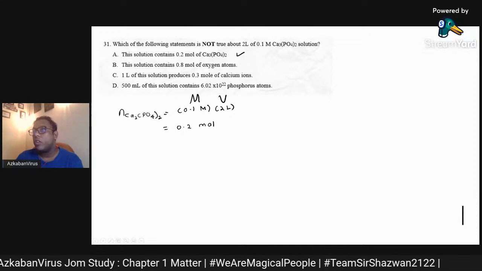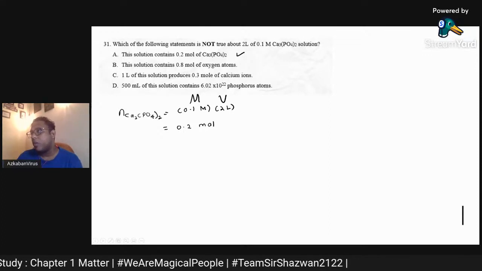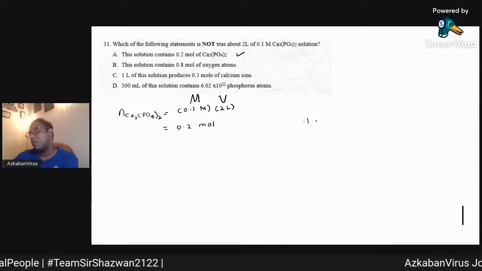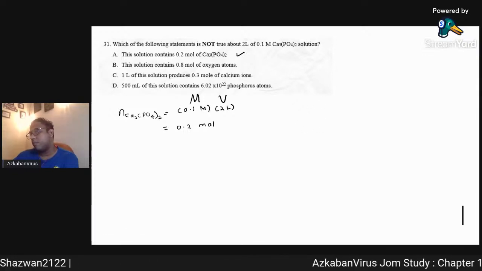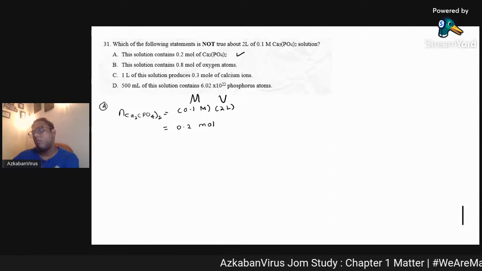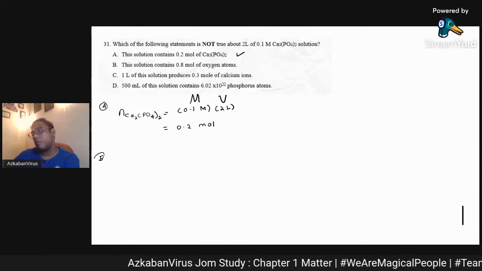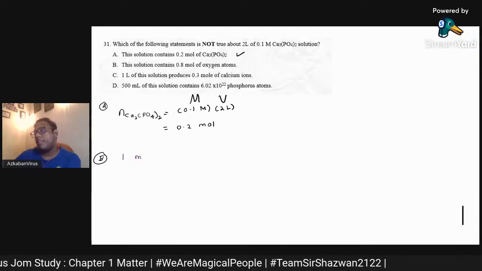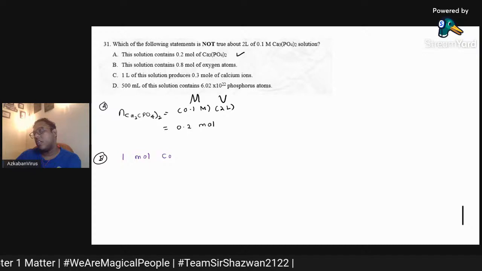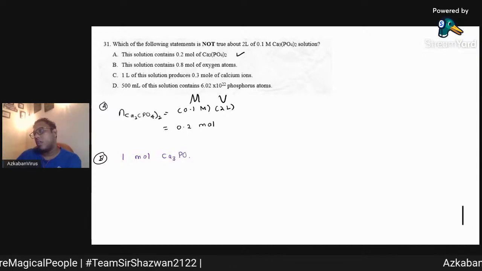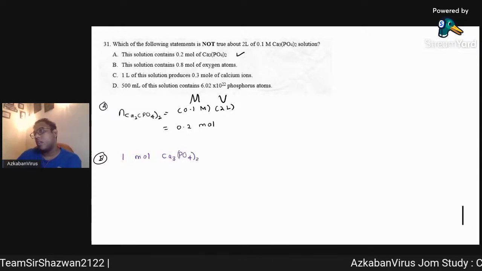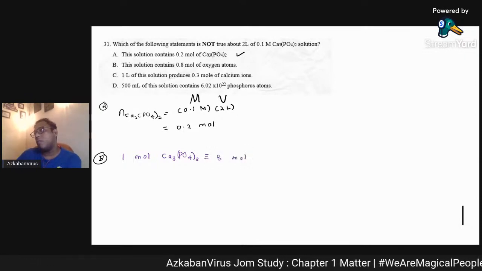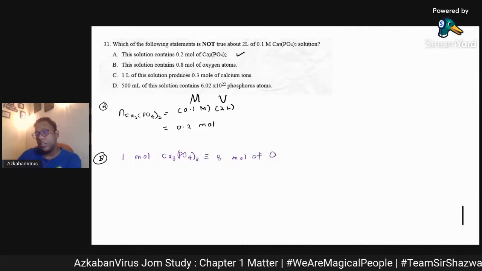Soalan berikutnya, dia tanya, this solution contains 0.8 mole of oxygen atom. We know that in 1 mole of calcium phosphate, there is 8 mole of oxygen.